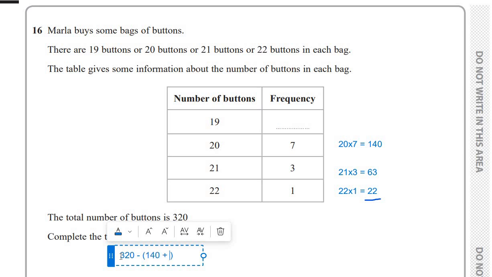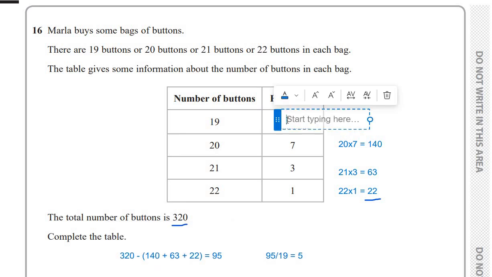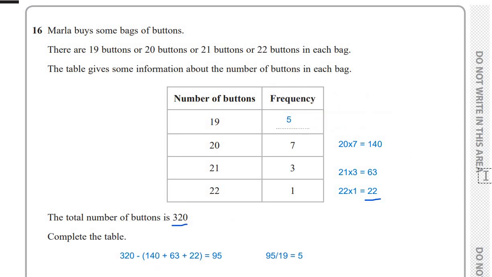The total of 140 plus 63 plus 22 comes down to 95 buttons. Now to find the frequency, we need to divide 95 by 19, and that equals 5. So the missing number here is 5.